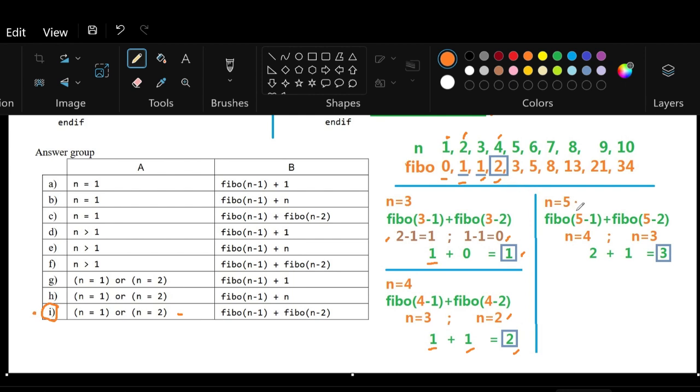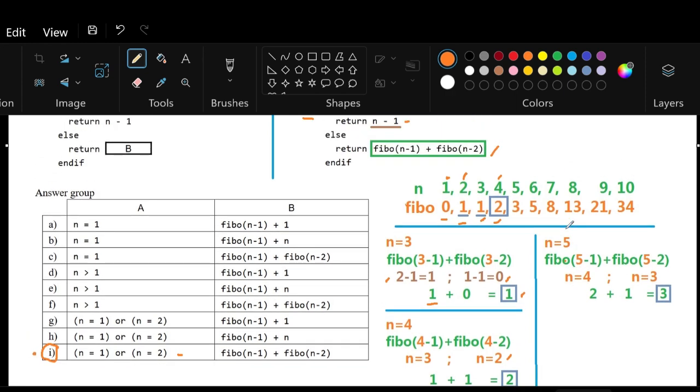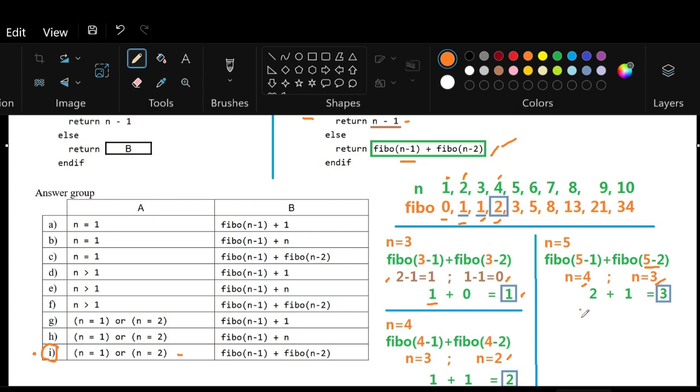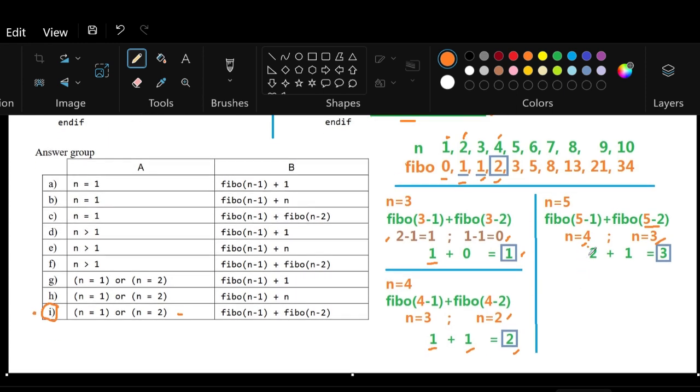One more. n is equal to 5. The equation says here that if you look at the program again, it's not 1 or 2. It has to go to this one. And 5 minus 1 gives us 4. 5 minus 2 gives us 3. And we know that if it's 4, the output is 2.